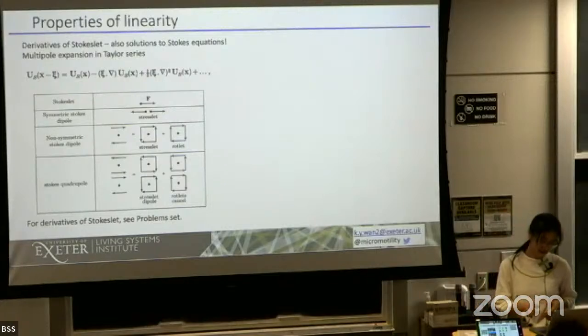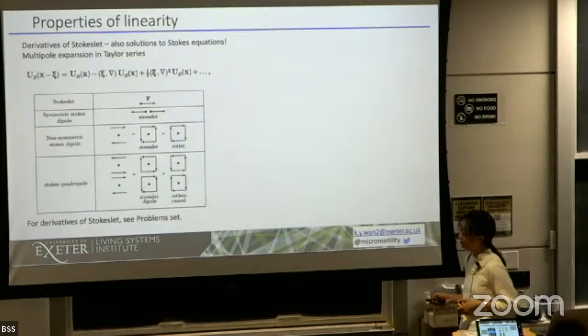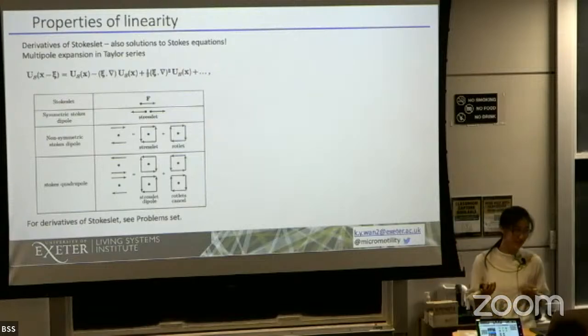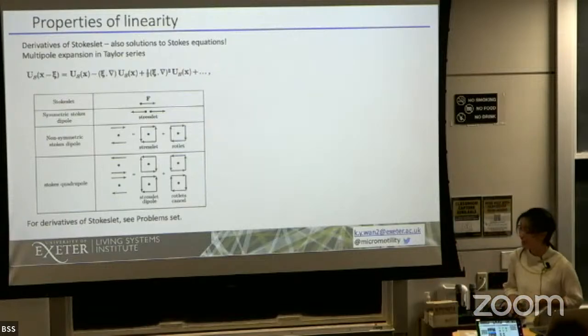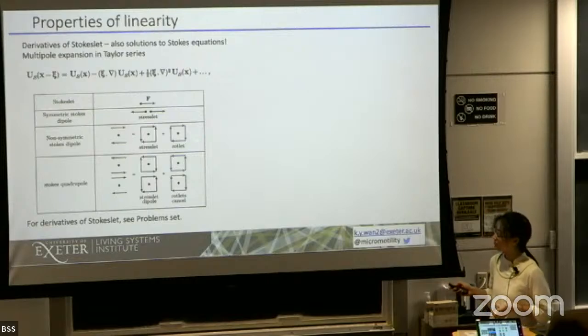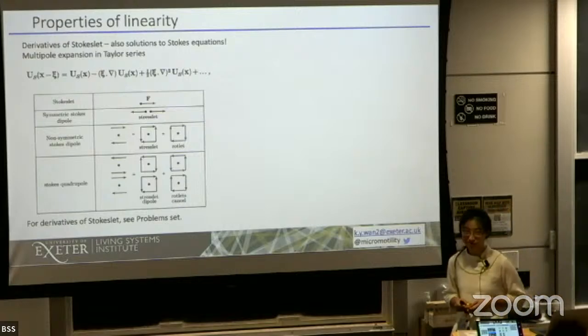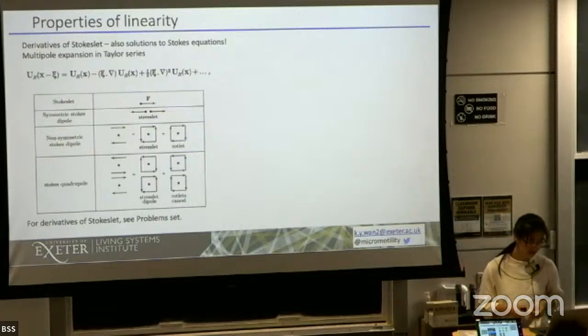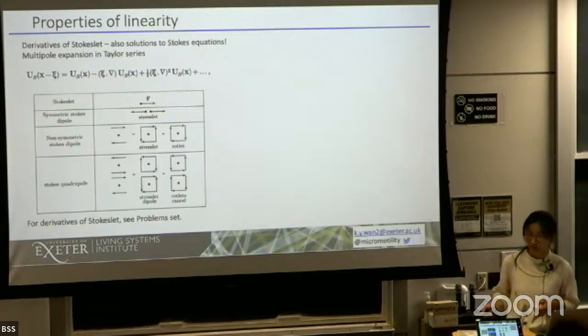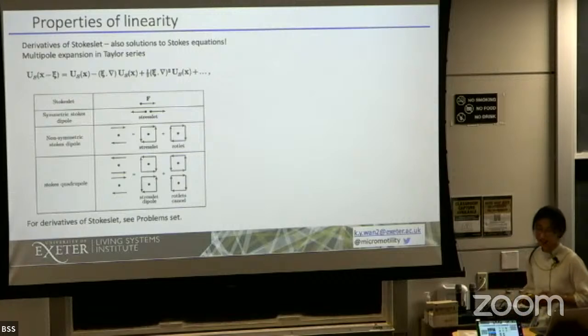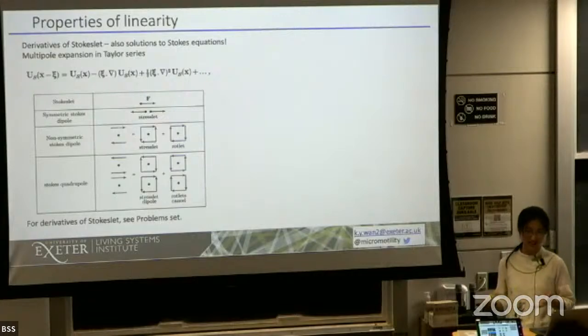These arrows are really supposed to represent the physical interpretations of these derivatives. So if you take a Stokeslet, which is represented by, again, this forcing at some position, and then if you take a pair of them oriented collinearly with each other, you get something that is known as a stresslet.